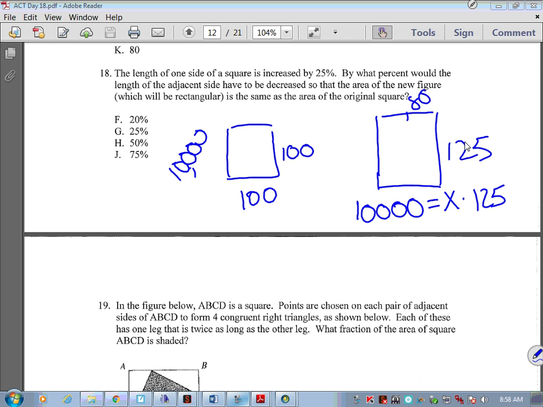So 80% of 100 means a decrease of 20%, right? Going from 100 down to 80 is a decrease of 20%. Does that make sense? Whenever they give you something like that, it's easier to use 100 because you're converting percentages to numbers that you're used to working with easily.